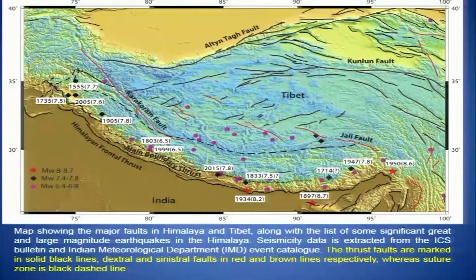These are all with magnitude 6.5. Again it is a question whether this earthquake was 6.5 or not. Then we have the 2015 Gorkha earthquake. There was another one here a couple of months later, again in 2015, then 1833. That's what I was talking about, that this is historical event information, and 1934 and so on.